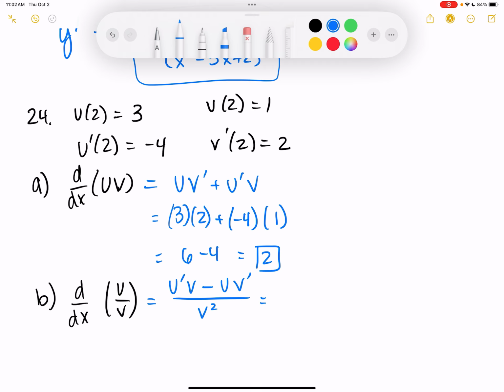So we've got negative 4 times 1 minus 3 times 2 all over 2 squared. Negative 4 minus 6, so negative 10 over 4. Wouldn't it be 1? Wait, what? Because you put v prime. Oh, yes. I was like, I don't think this is supposed to be a fraction. Yeah, negative 10.